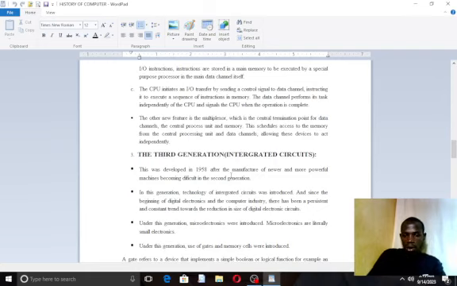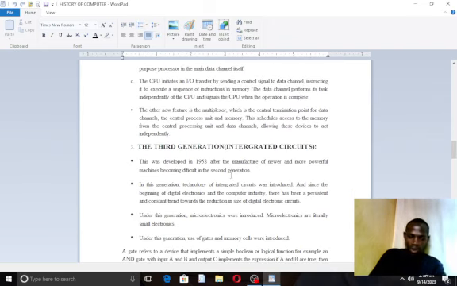Then coming to the third generation. This generation was developed in 1958 after the manufacturing of newer and more powerful machines became difficult in the second generation, which could be due to increased cost for transistors and so on.